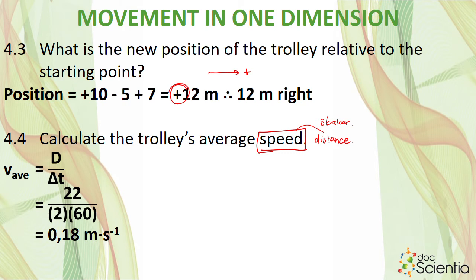And we're doing it in seconds. So that's where that comes from. So for the average speed, we're going to say total distance, totale afstand, gedeel deur totale tyd. So die totale afstand is 22 meter, totale tyd is 120 sekondes. So in totaal was haar gemiddelde spoed 0,18 meter per sekonde.